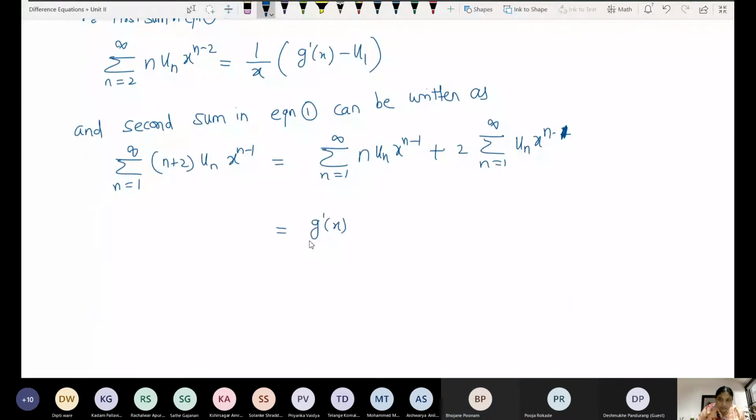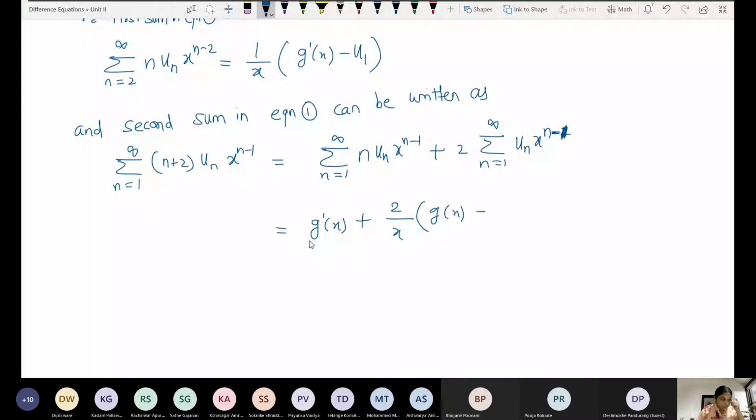And this one I want to write in terms of g of x or g dash of x, whatever. But here un x raised to n minus 1 is there. So how can I write it? I can write it as 2 by x g of x minus u0.